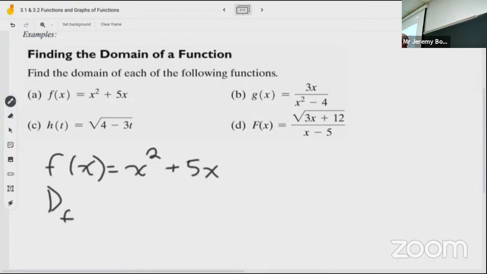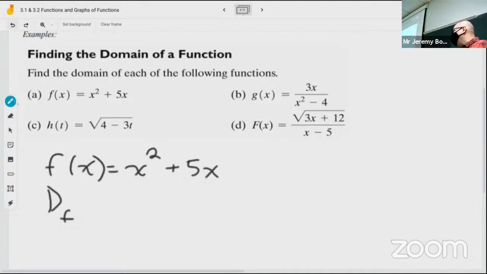We're going to start. It could be whatever. It could be all the real numbers, negative infinity to positive infinity. Our variable is x, is there an x in the denominator? We don't have one. It's basically an understood denominator 1 there, right? But there's no x in it. So we don't have to worry about that.